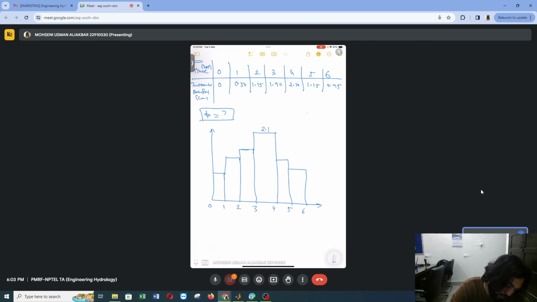So this value is 2.1, 1.9, 1.15, 0.5, right? So we have plotted this hyetograph.